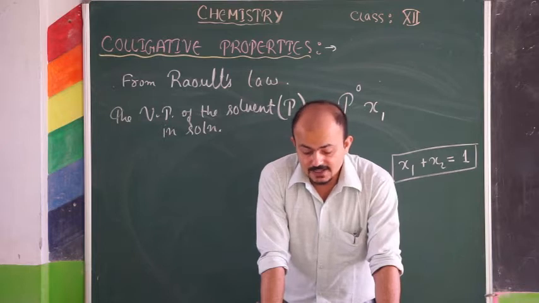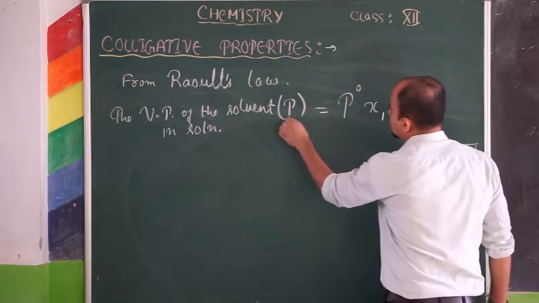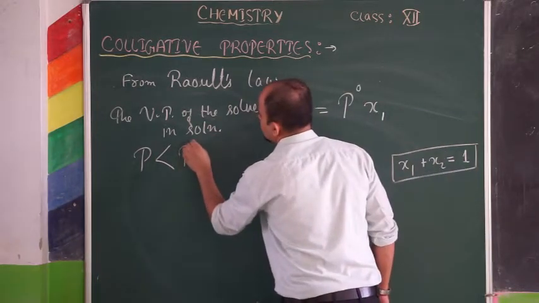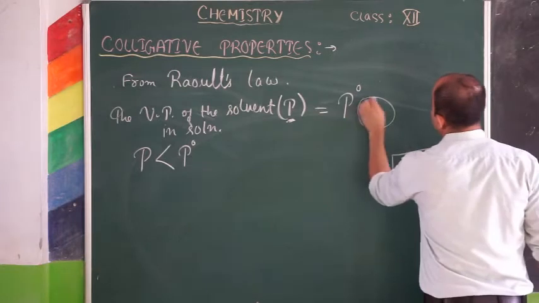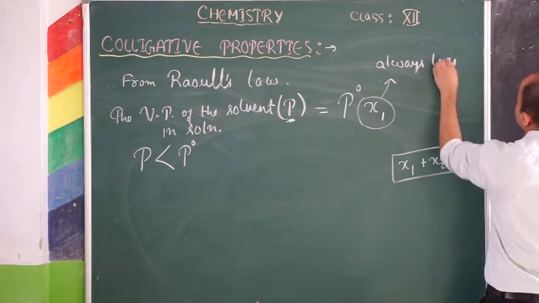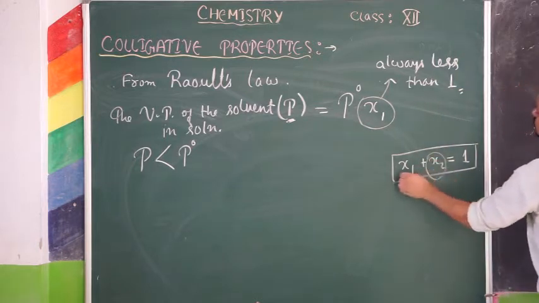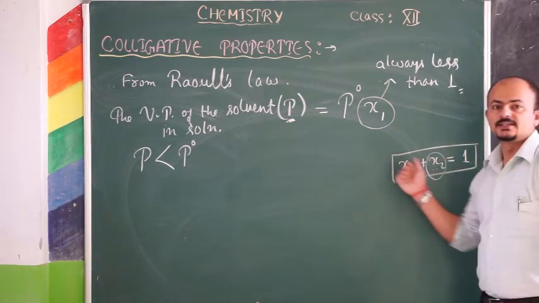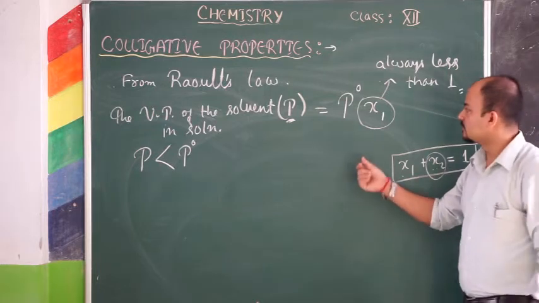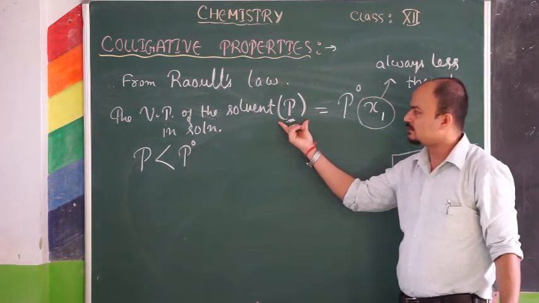Since x1 is always less than unity, P is less than P0. Why? Because x1 plus x2 equals 1 and some mole fraction of solute is also present in the solution. Therefore, if you multiply, P will be less than P0.